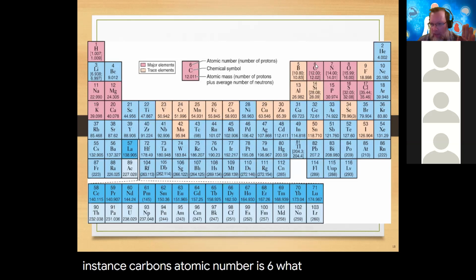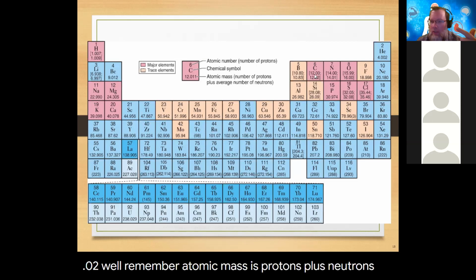What 6 tells us is that there are 6 protons in the nucleus, and 6 electrons orbiting around that nucleus. So 6 protons, 6 electrons. We look at the atomic mass and we see 12.02. Well, remember, atomic mass is protons plus neutrons.